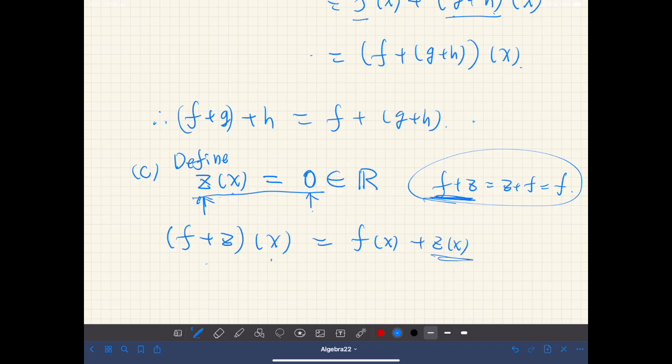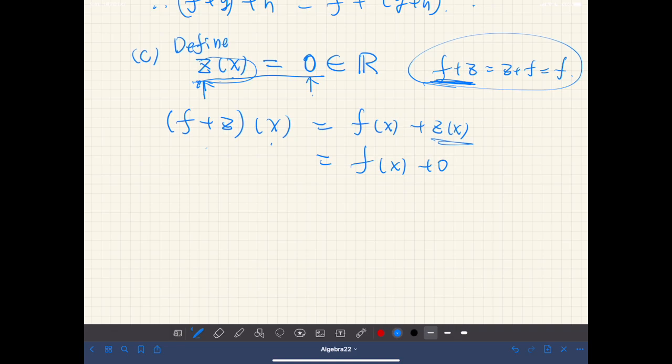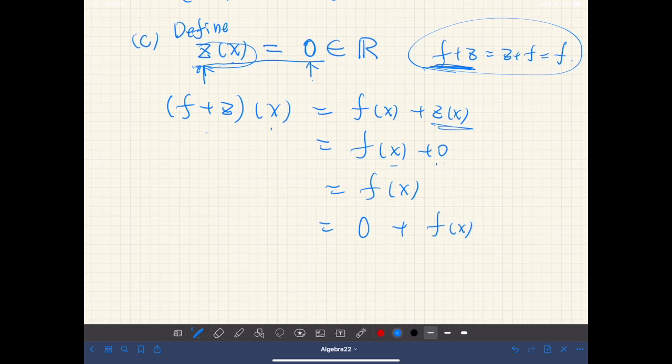But by the definition of this function z, we have f of x plus 0. But this is just the addition of real numbers, so this is just f of x, right?